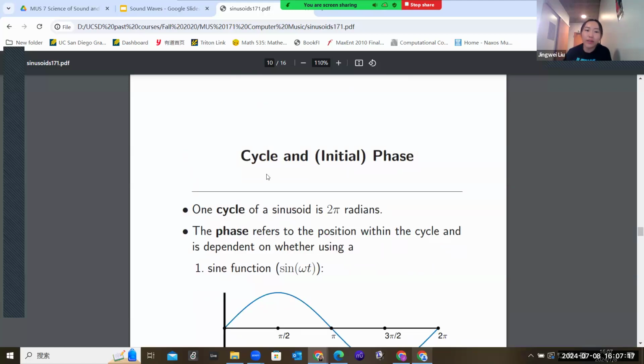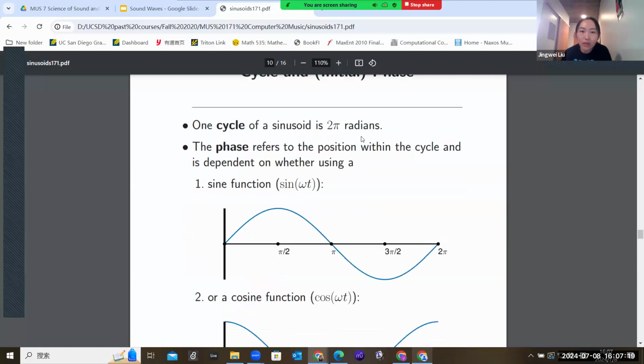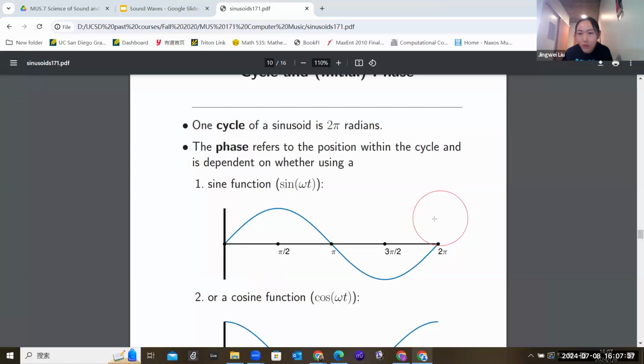Cycle and initial phase. One cycle of a sinusoid is 2 pi radians. You can see here, this is one cycle, and one cycle is 2 pi. Why is it 2 pi? It's actually from the shape of a circle.